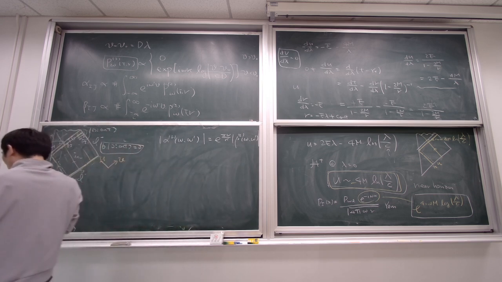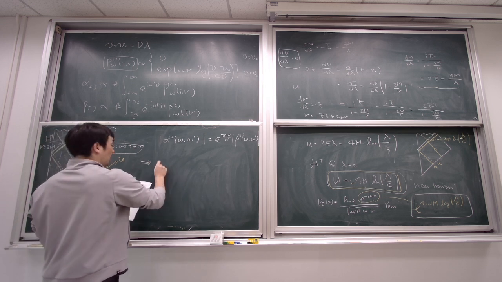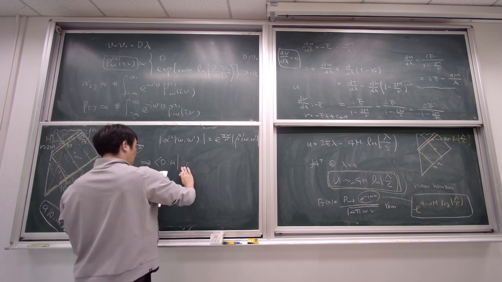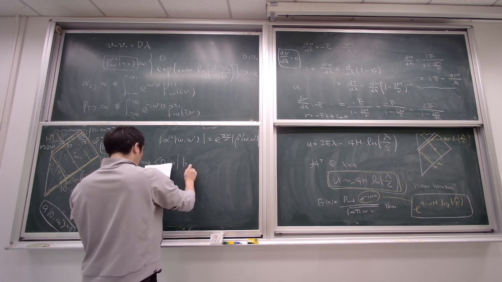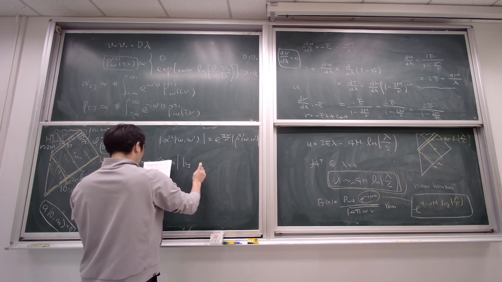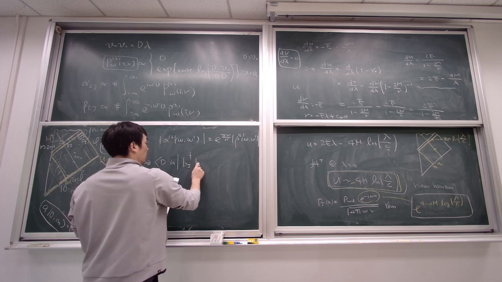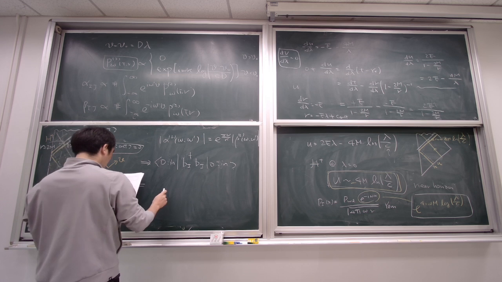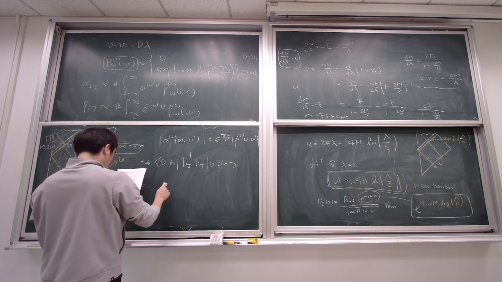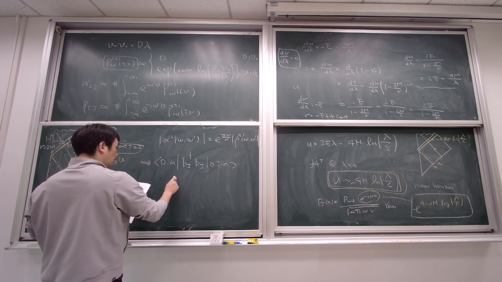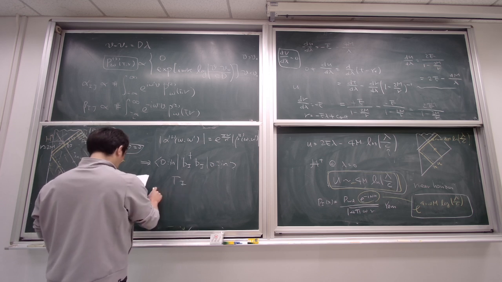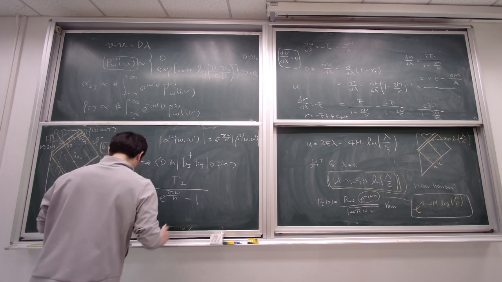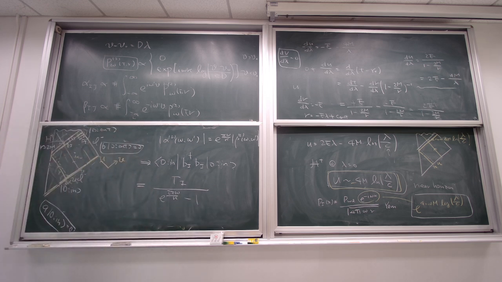From there, one can compute the number operator of b i dagger b i, with the in vacuum, as follows: some amplitude gamma i divided by e to the 2 pi omega over kappa minus 1. So this is a computation we can do.